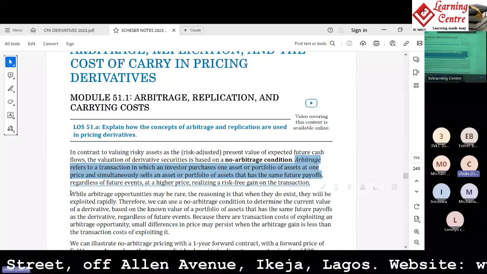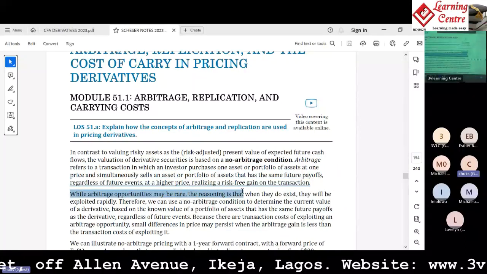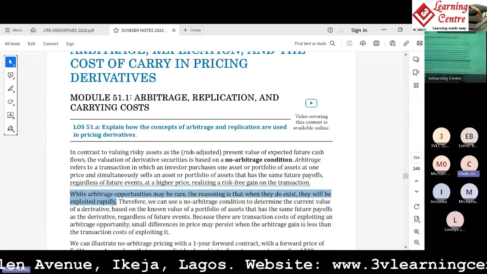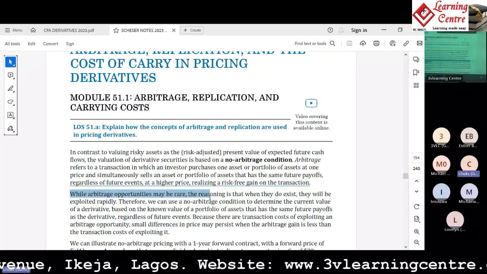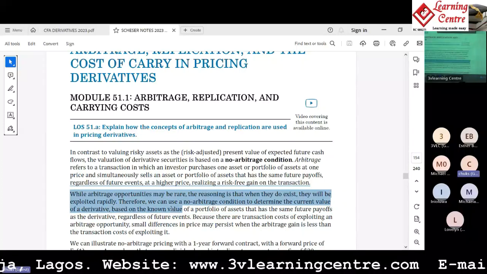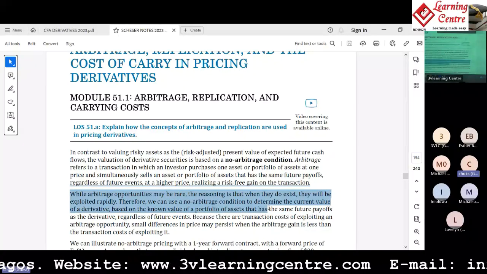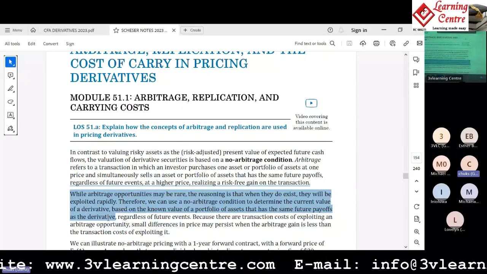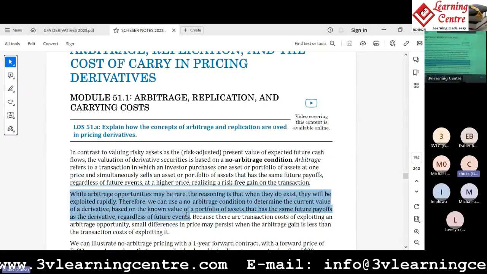So while arbitrage opportunities may be rare, the reasoning is that when they do exist, they will be exploited rapidly. Therefore, we can use a no arbitrage condition to determine the current value of a derivative based on the known value of a portfolio of assets that has the same future payoffs as the derivative, regardless of future events.